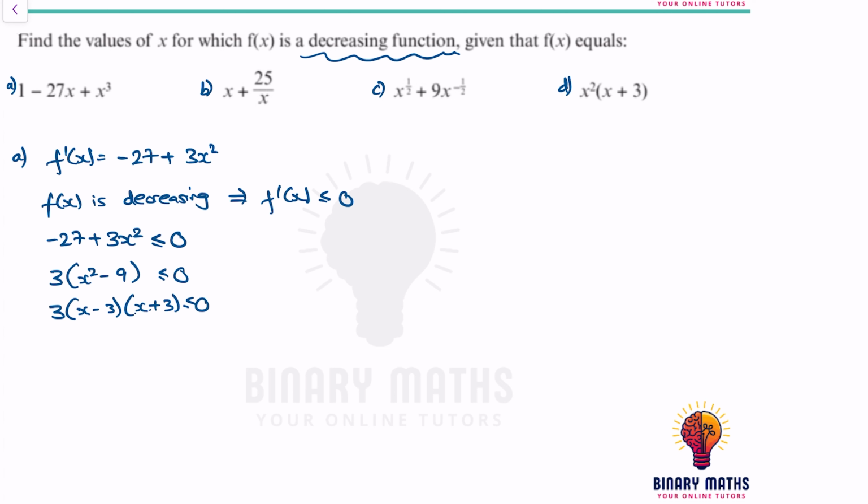So if I sketch this out, it's a quadratic with roots at minus 3 and 3. I'm looking for where it's less than or equal to 0. It's between there and there.